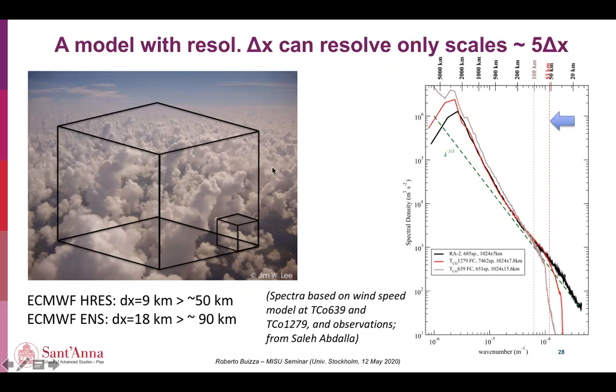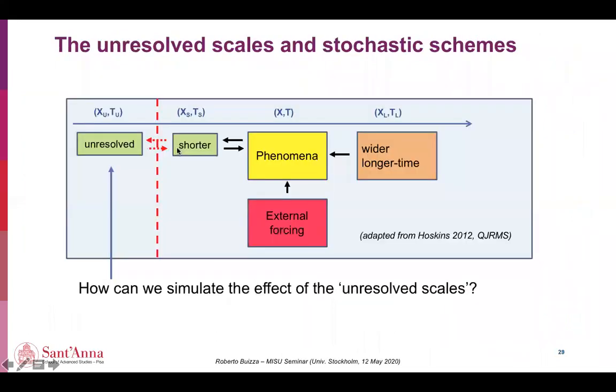Second point, we are trying to simulate complex processes like convection in the tropics by representing the average state of a system in a big box like this one. Possibly maybe even on a smaller box, but still you can see that the details of the structure of a cloud cannot really be simulated well inside the model. And then let me remind again that even a model with a 9-kilometer resolution has an effective resolution which is about 5 times that.